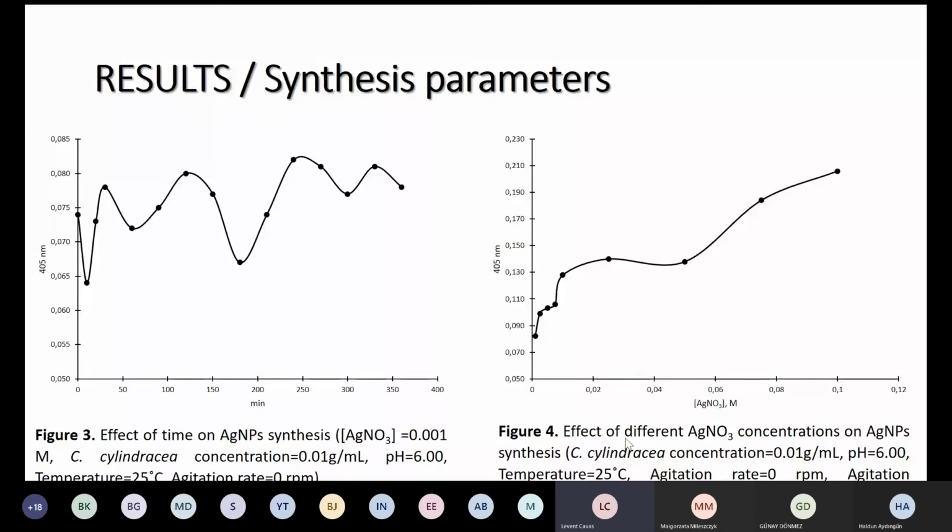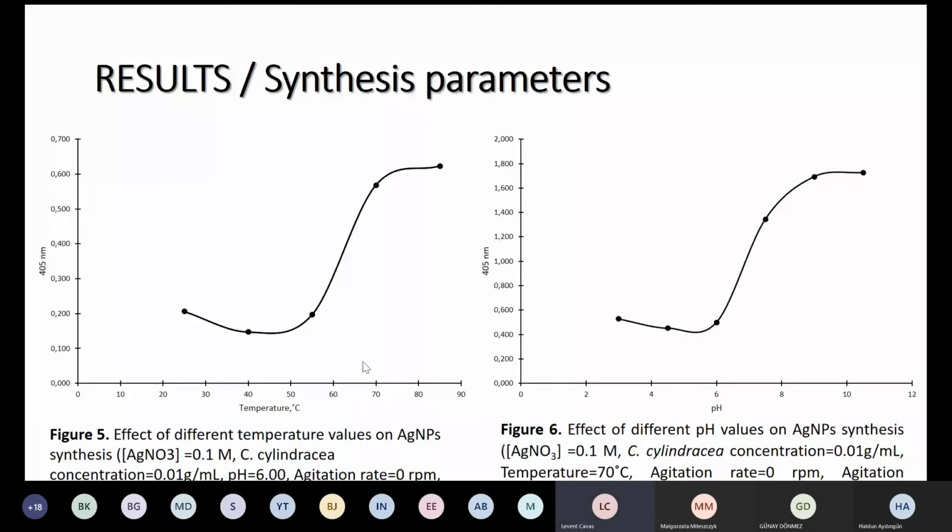And we also studied the effect of different silver nitrate concentrations on the silver nanoparticle synthesis by using Caulerpa cylindracea. As you can see, when we increase the concentration of the silver nitrate, we observe increased silver nanoparticles. These figures are related to the effects of temperature and pH.